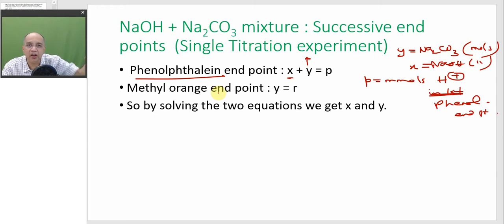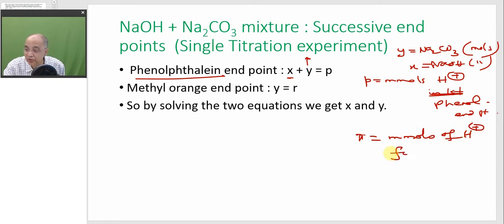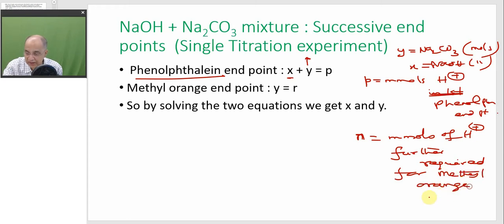Then you add till the color changes from yellow to red, and supposing the extra millimoles of H plus ion further required, it is not a separate experiment, further required. This is the phenolphthalein endpoint. This is required for the methyl orange endpoint. Say, supposing this is R.